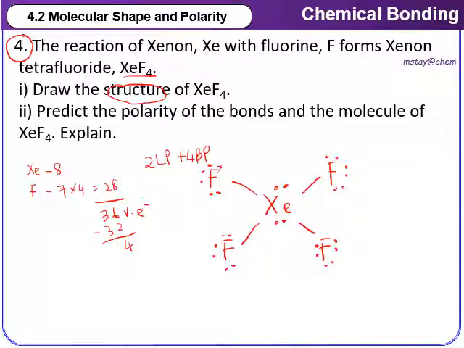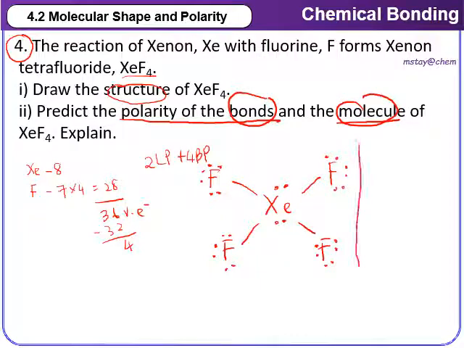Next, we are going to predict the polarity of the bonds and also the molecule. So there are 2 parts to this question, and we are going to explain it. First, we predict the polarity of the bond. You mention that the bond between xenon and fluorine is a polar bond. Why do we know that they are polar bonds?